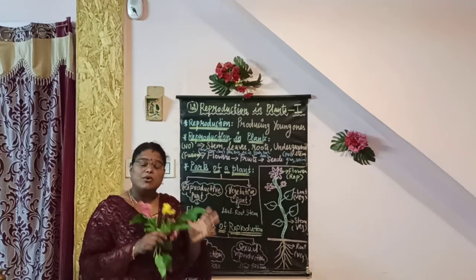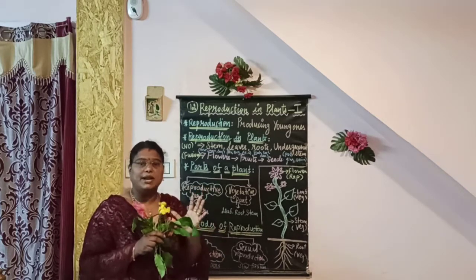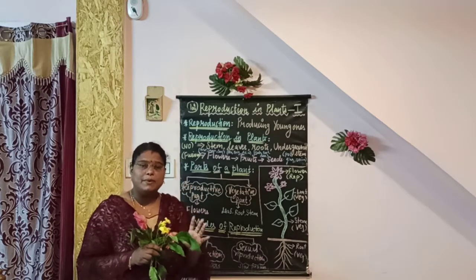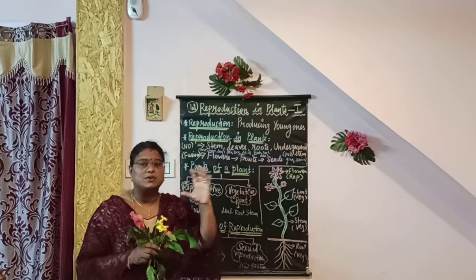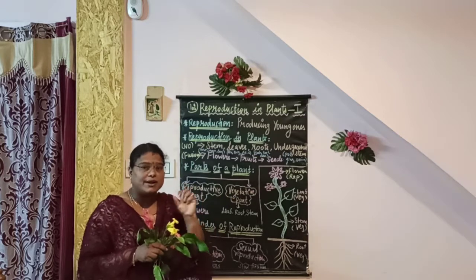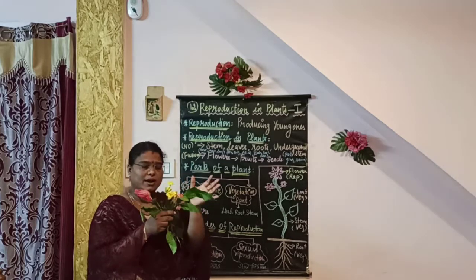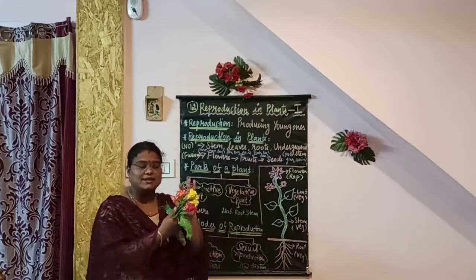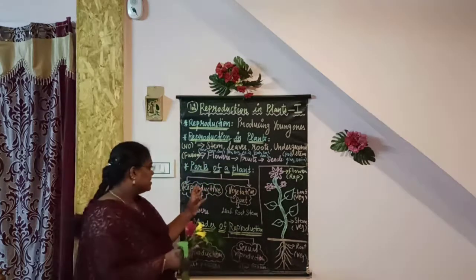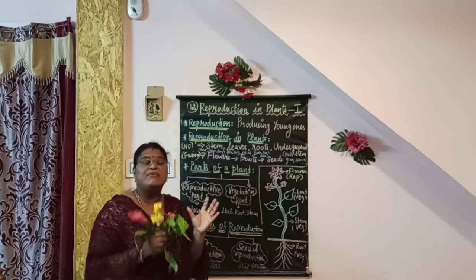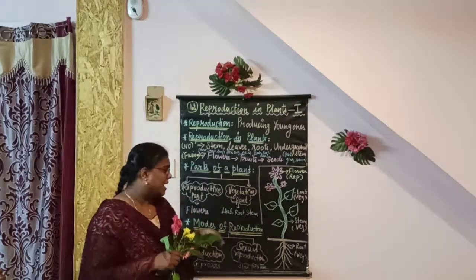Insect also is one of the important pollinating agents. Pollinating agents are nothing but the helpers which help in the process of pollination. So to attract the insects, flowers are brightly colored, like yellow color flower, orange color flower, red color flower. So the reproductive part is the flower which undergoes reproduction by fusion of male and female gamete.